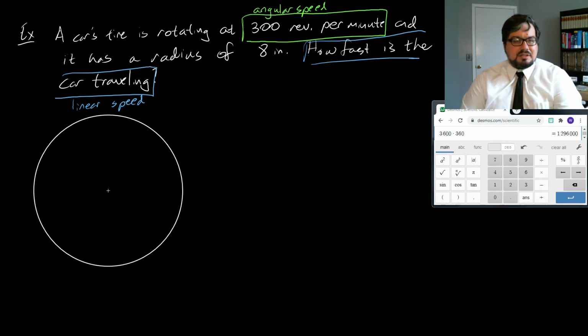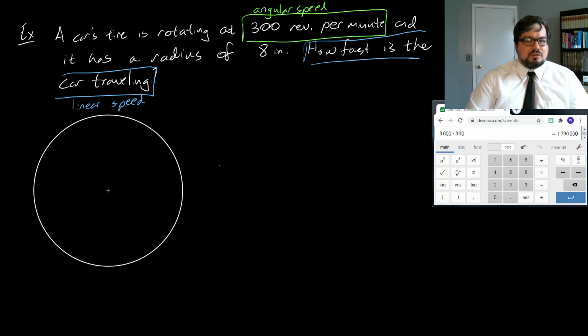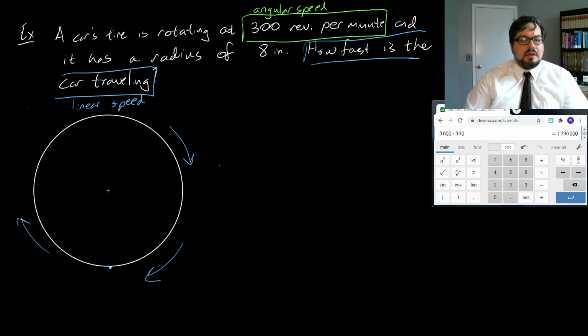Because if we imagine the tire, it's rotating around, and then as it's rotating around, you could think of it as almost pulling the ground towards the car.